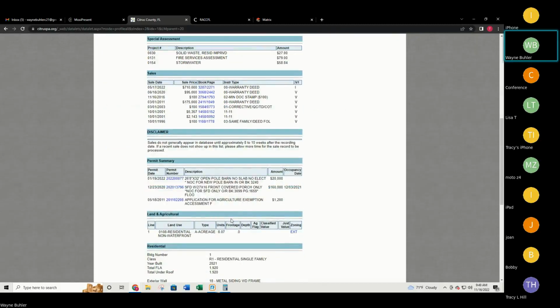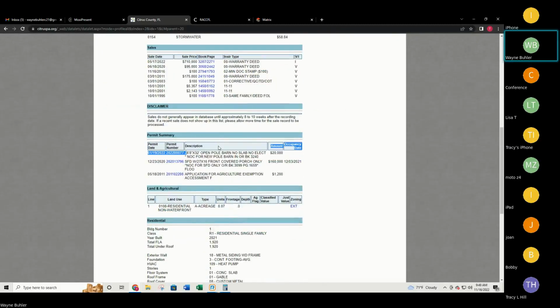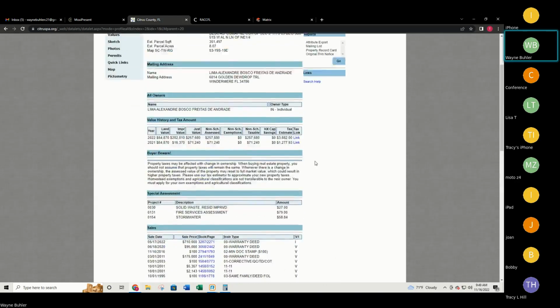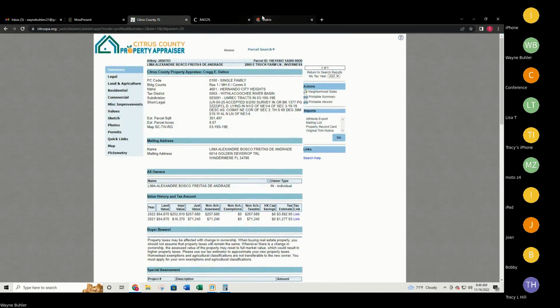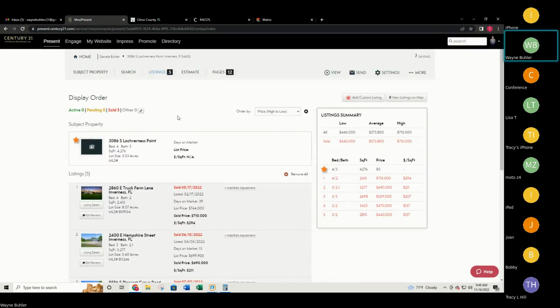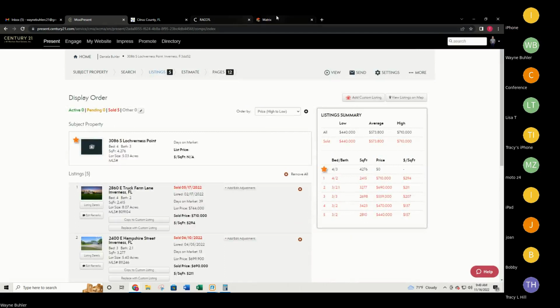But just so we can see, there is an open pole barn, covered porch, but I'm not seeing anything. Oh, wait, do I have the wrong house? I think I have the wrong house. No? Okay. I think I'm good.